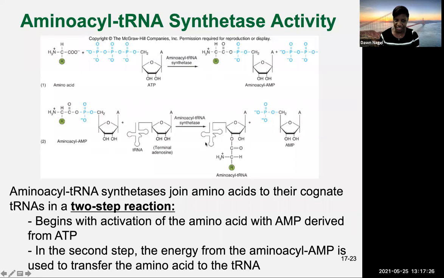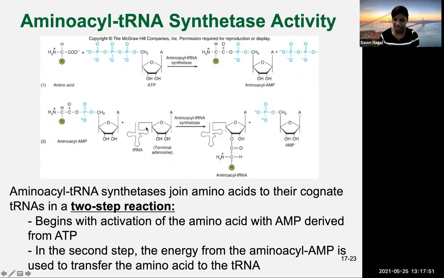to initiate translation. What is also important to know is that these aminoacyl tRNA synthetases, there are 20, one for each amino acid. So they're highly specific. Okay, so the aminoacyl tRNA synthetase that adds, let's say, leucine to this tRNA is specific to leucine.